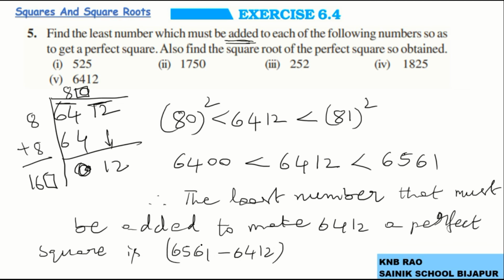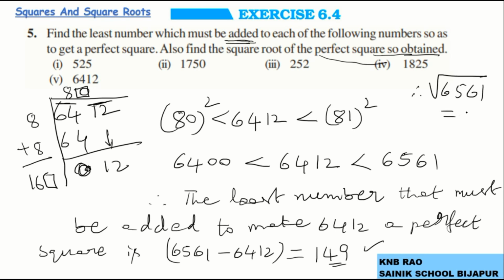So 6561 minus 6412 is 149. So therefore the perfect square that so obtained will be 6561 whose square root is 81.